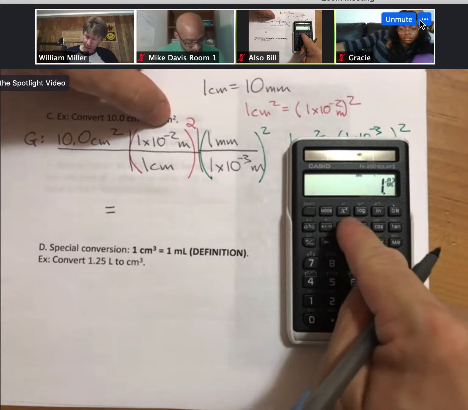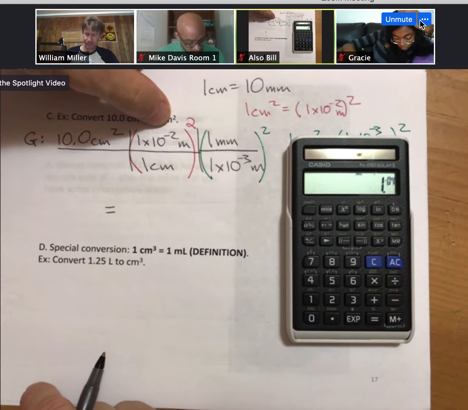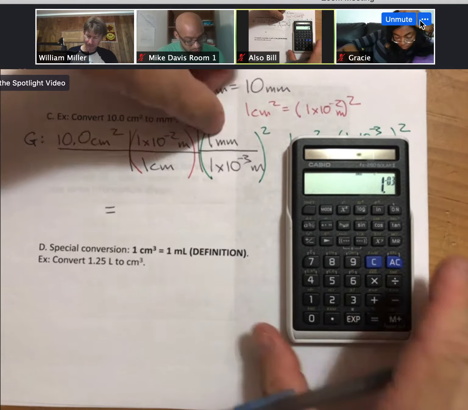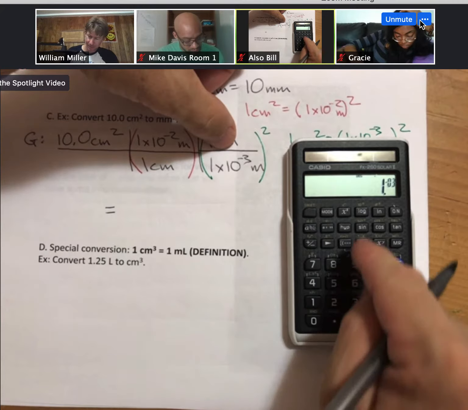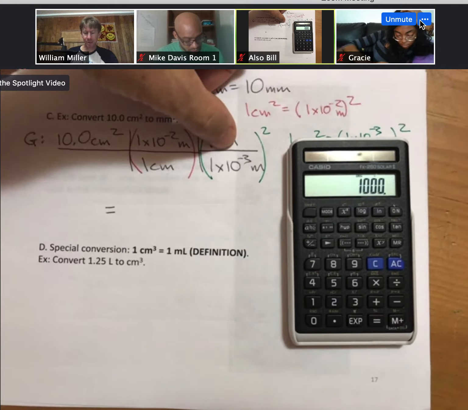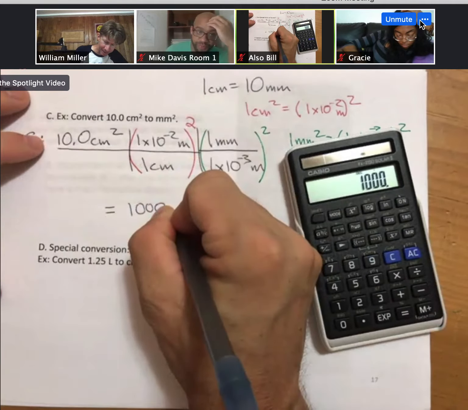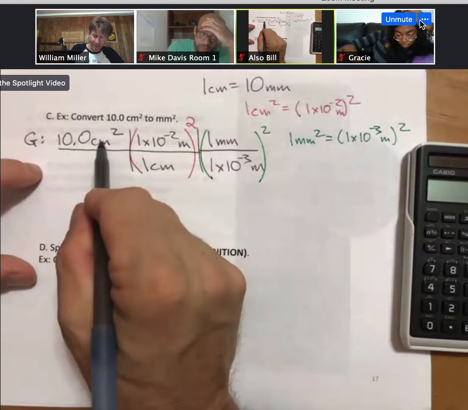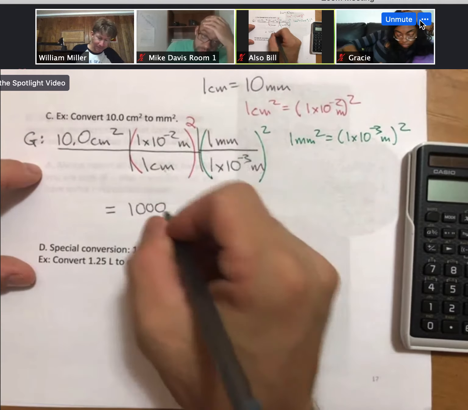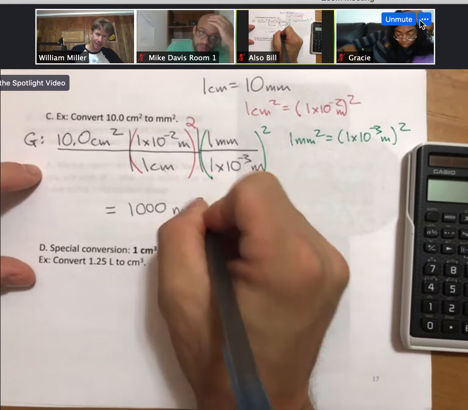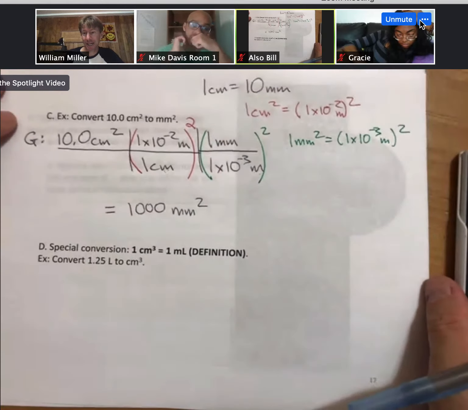And then I have my squared button up here, so I'm going to hit squared, and it squares it for me. Now I'm going to hit divide by 1 exponent minus 3, squared. And my answer is 1,000. And my units are, well, my centimeter squareds cancel out, my meter squareds cancel out, and I'm left with millimeters squared. I know, that's fancy math, but we do see it from time to time, and so I wanted to show it to you.